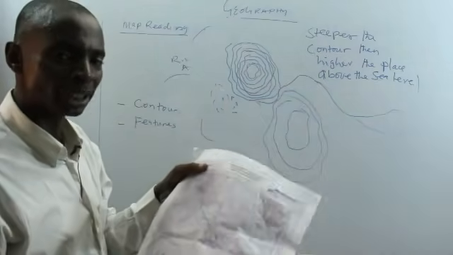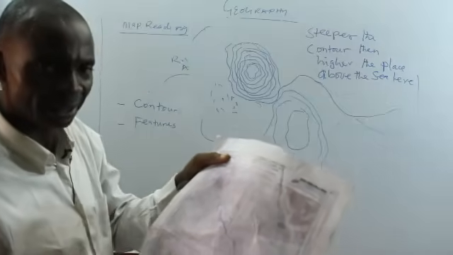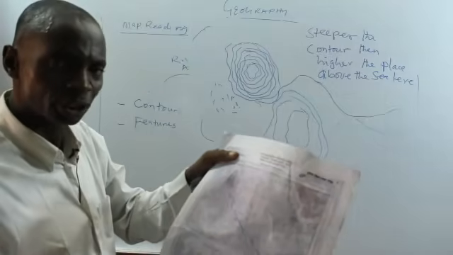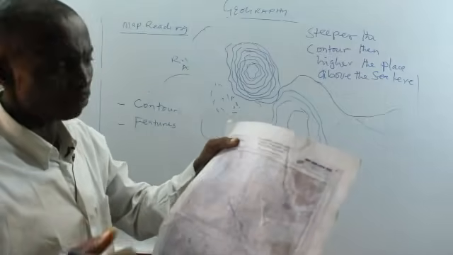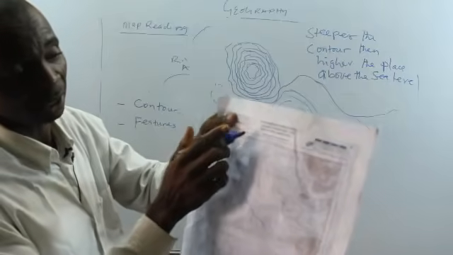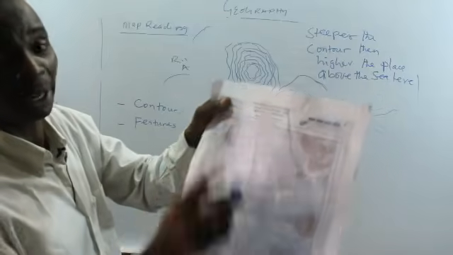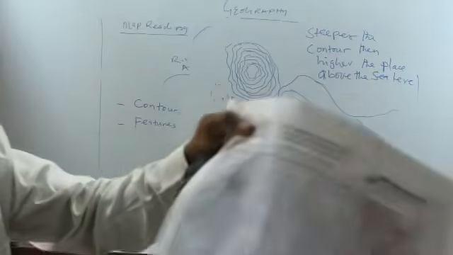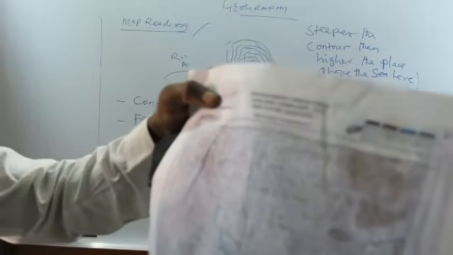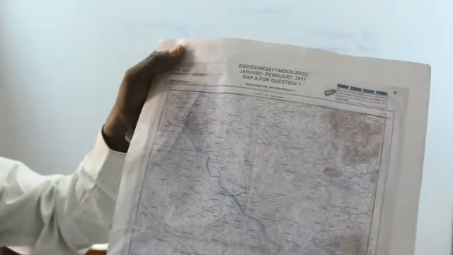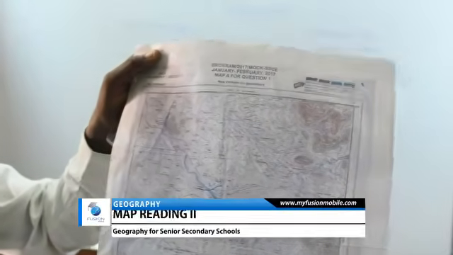Go back to the note again and read it again and pick some map. This one is the January, February 2017 mock exam in FCT, Federal Capital Territory, Abuja. They used it for their mock exam.